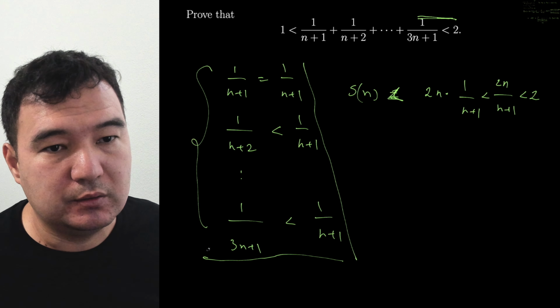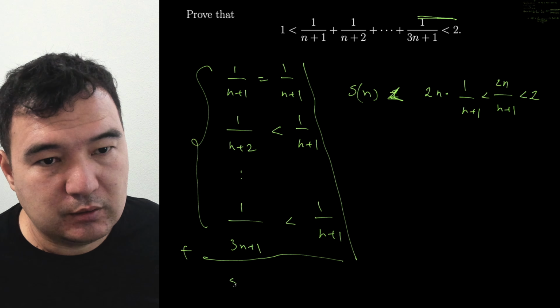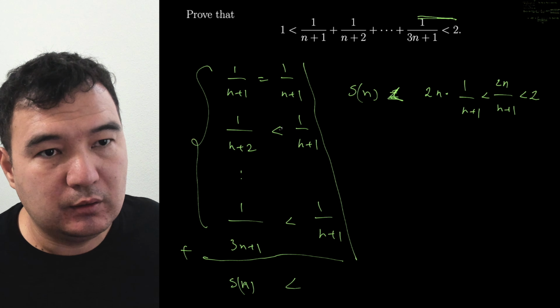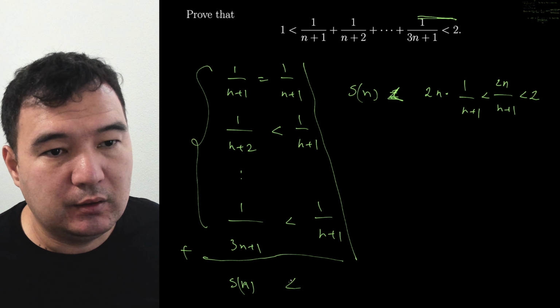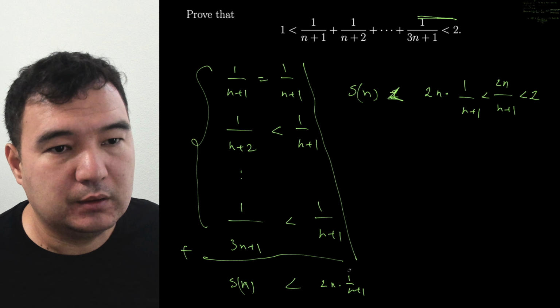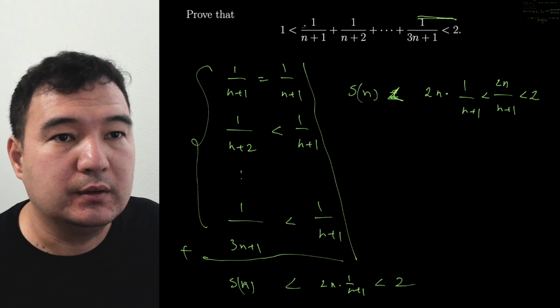On the left of this summation you get Sn, and since you sum all of them, you get less than 2n times 1 over n plus 1, and it's less than 2. So this is how you prove the inequality.